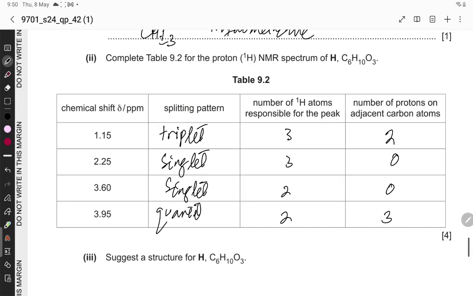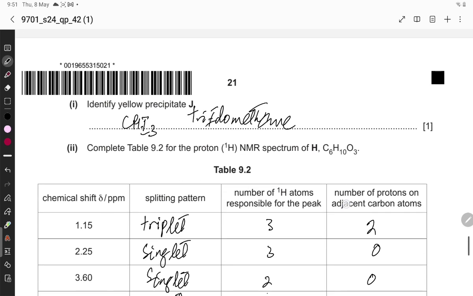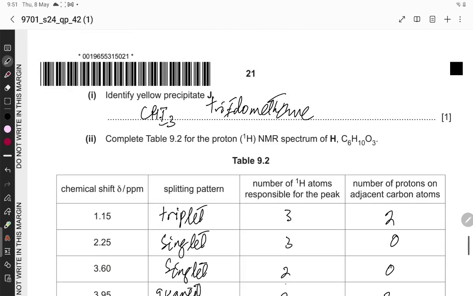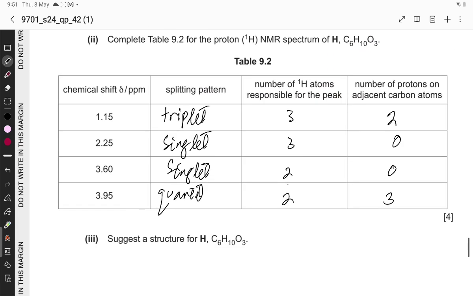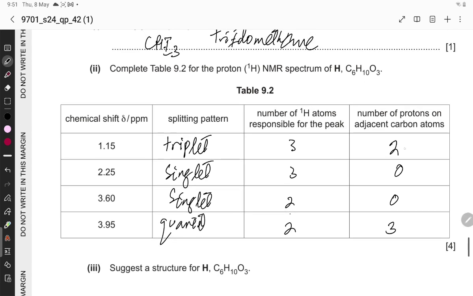And the number of hydrogen atoms responsible for this peak is 3, for the singlet 3, and 2 hydrogen atoms are responsible for the singlet peak. For the singlet peak, the number of protons on the adjacent carbon atom is 0.